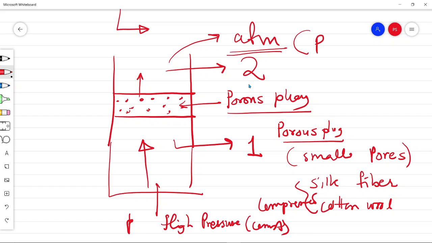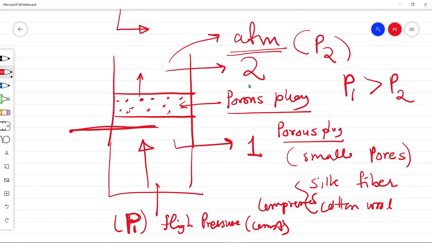So let us call this pressure P1 in region 1 and this P2 in region 2, such that P1 is always larger than P2. Now there are two thermometers to be used to note down the temperatures in the two regions, say T1 and T2. Typical platinum wire thermometers were used in the original experiment.